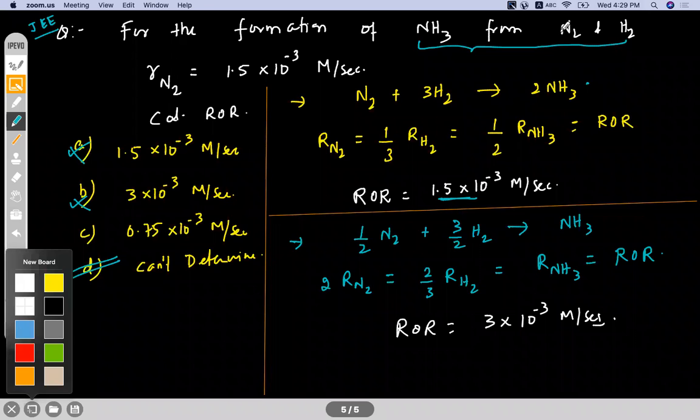And we just need the concentration or pressure at two different times for this. Concentration or pressure at two different times. This is a very important thing.